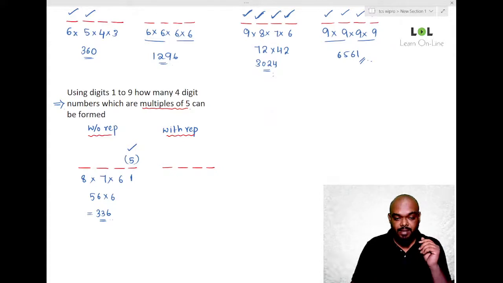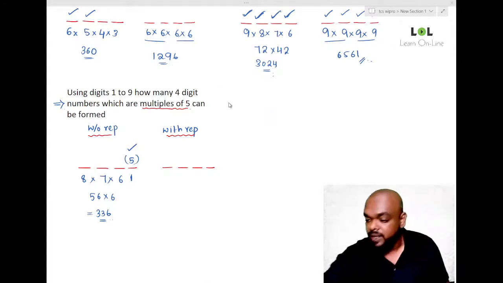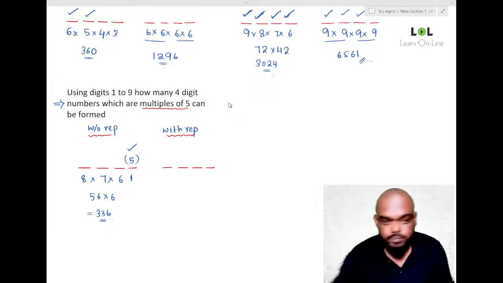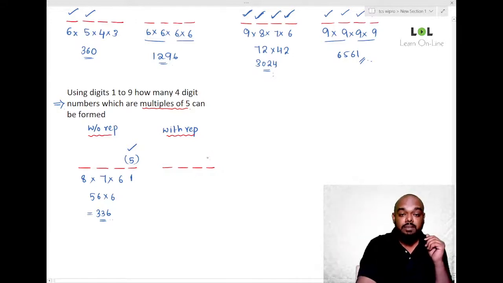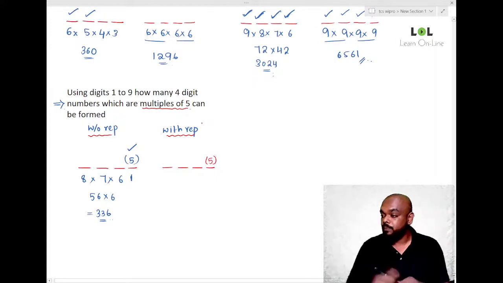And then we also have another condition. What is the other condition? It is divisible by 5. Means what? My units place must be 5.